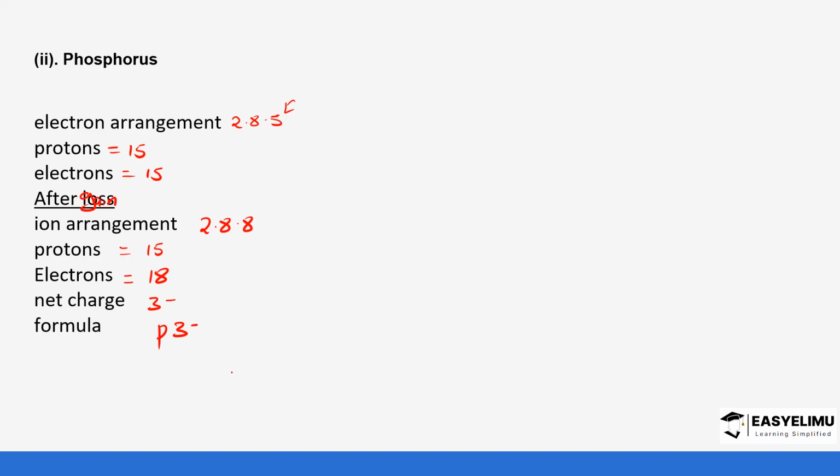So if you were to present that in a dot and cross structure, then we will start with the symbol, which is P at the nucleus. The first shell can occupy 2 electrons. The second shell is occupying 8 electrons.